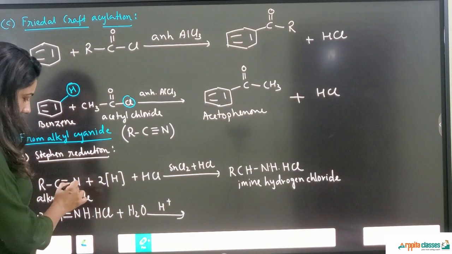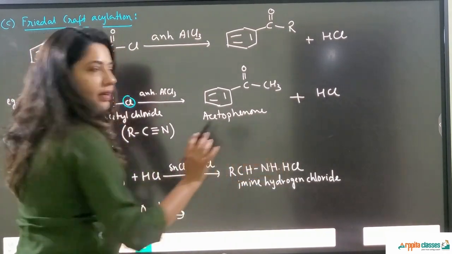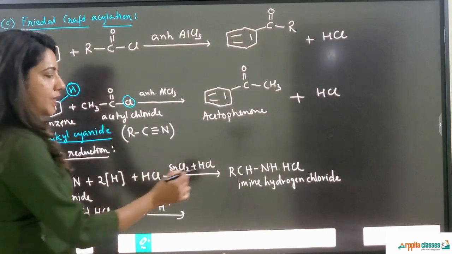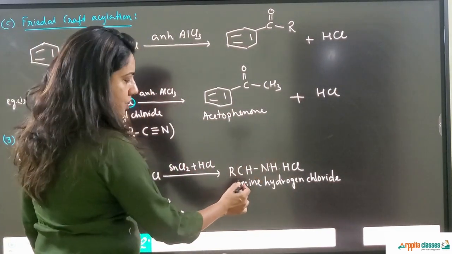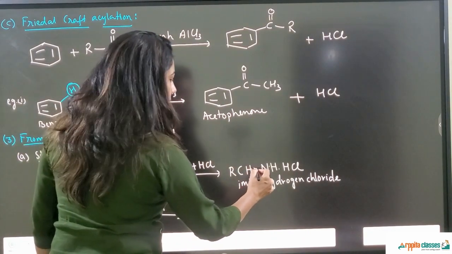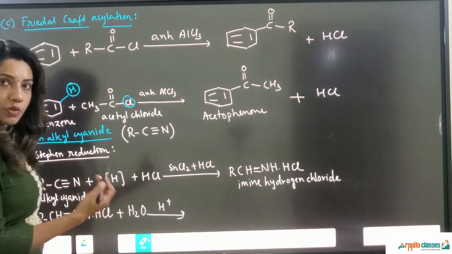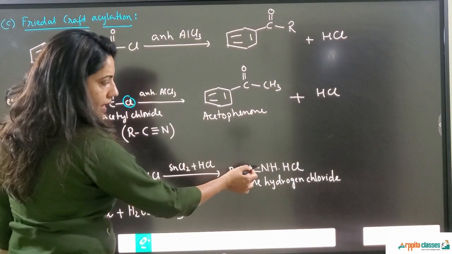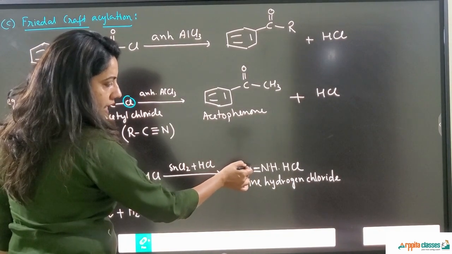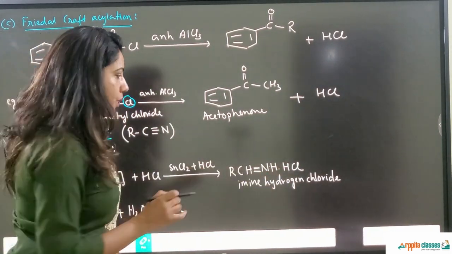The two hydrogens are getting added over here, and HCl will get added to it. So we are getting RCHNH·HCl. This is called imine hydrochloride. Because there is an addition, the triple bond will reduce to a double bond. This CH double bond NH is called an imine. So we are getting imine hydrochloride.